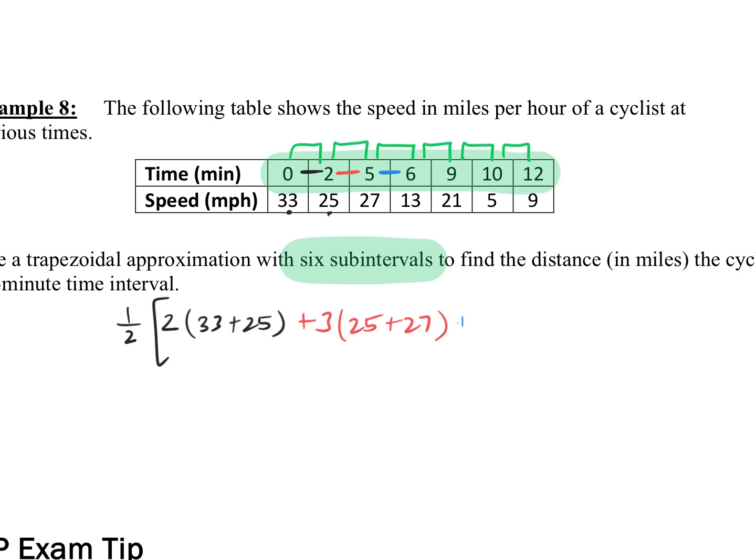My change of height there would be 1, and times my bases of this trapezoid would be 27 and 13. Keep on going. Between 6 and 9, we've got a distance of 3. With my bases being 13 and 21.